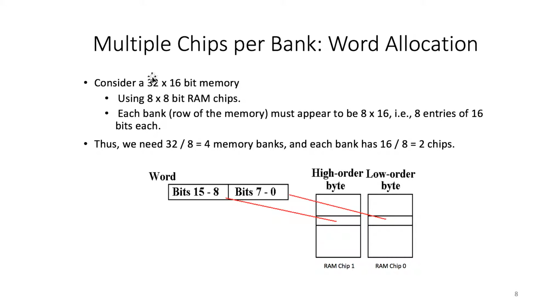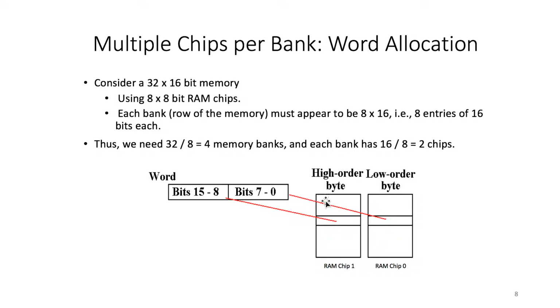We also can see that the width of the memory we want to construct is 16 bits, but the width of the RAM chip we have is just 8 bits. So the number of RAM chips we need to use is 16 divided by 8, equal to 2 RAM chips. So here is one bank of the memory.